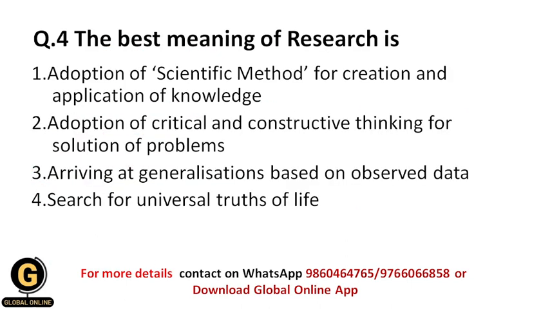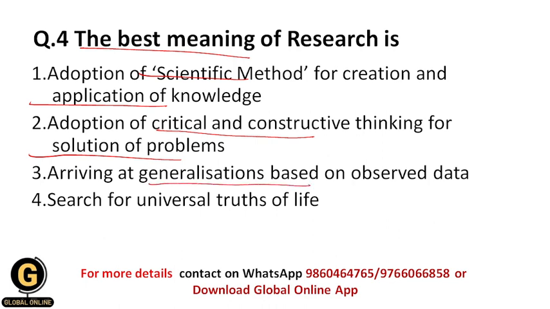Okay, what is the best meaning of research? Adoption of scientific method for creation and application of knowledge, adoption of critical and constructive thinking for solution of problems, arriving at generalizations based on observed data, search for universal truths of life.